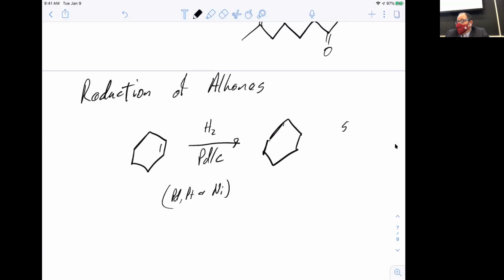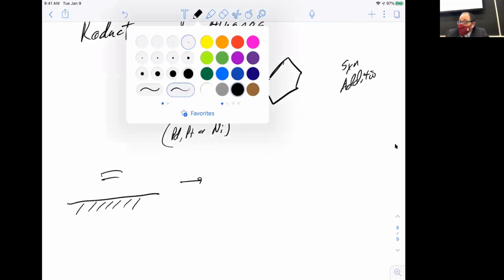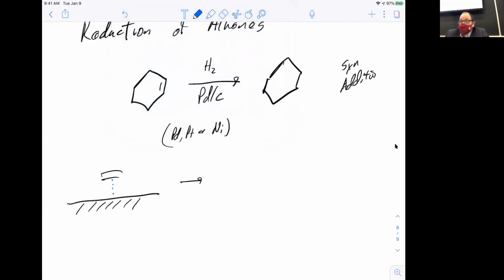This is a syn addition. So if we think about our metal surface, and this is a heterogeneous reaction, we have our double bond. The double bond interacts with that. We also have hydrogen absorbed to the surface.